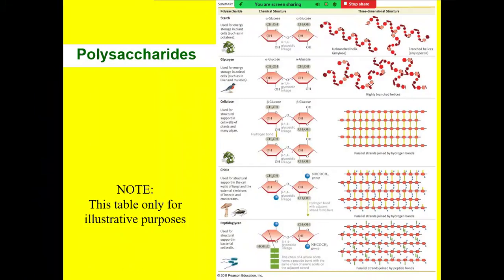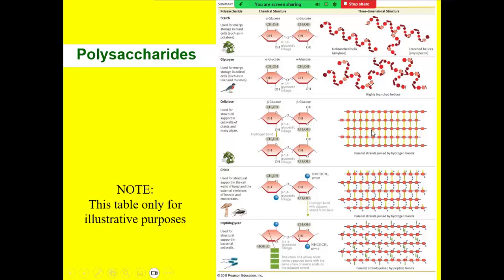The cow cannot either, but the cow has microbes in its stomach, which digest the cellulose and make some of it available for the cow to digest. So that's why the cow can eat grass.